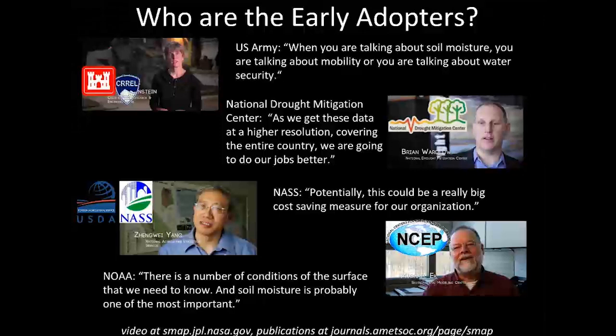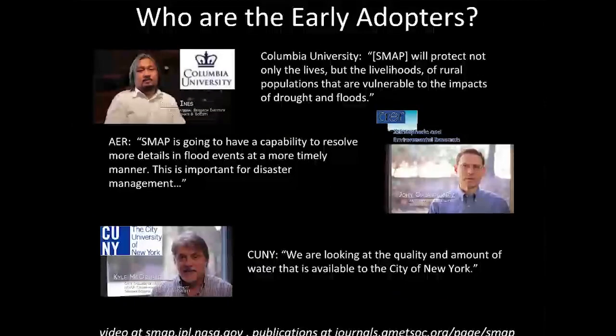And so they actually work with analysts, and this is an ongoing system that is updated on a regular basis. Then you have NOAA looking at soil moisture applications to improve weather forecasts, and then you have NASS, which is really looking at the potential for saving money and looking at soil moisture measurements for agriculture at a county scale. And I'll show you what they're doing here in a couple of slides.